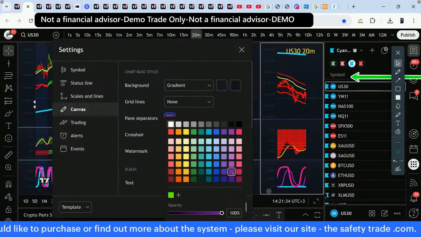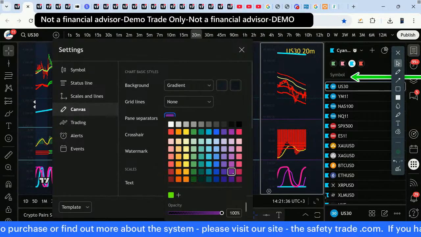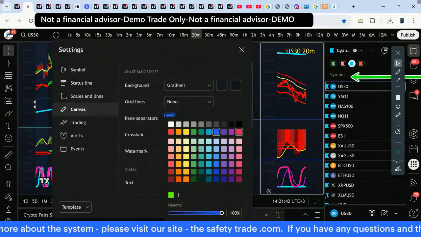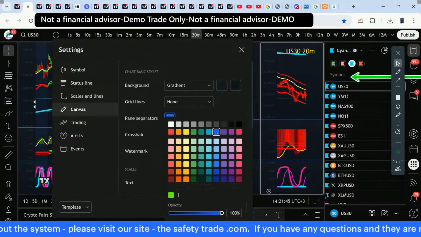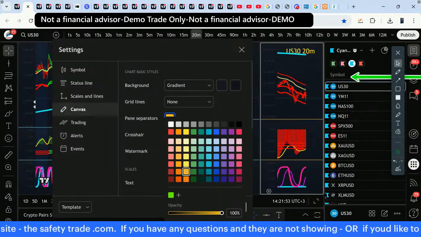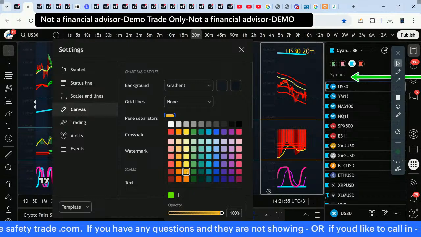Purple. Yeah, that'll work. Pink. No, can't do that. Dark blue. Maybe a yellow. Yeah, that'll work. But not what I was after.